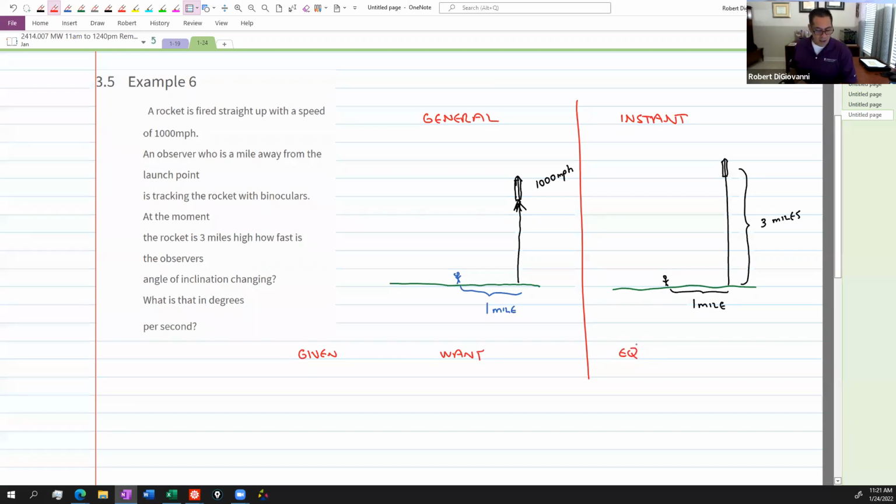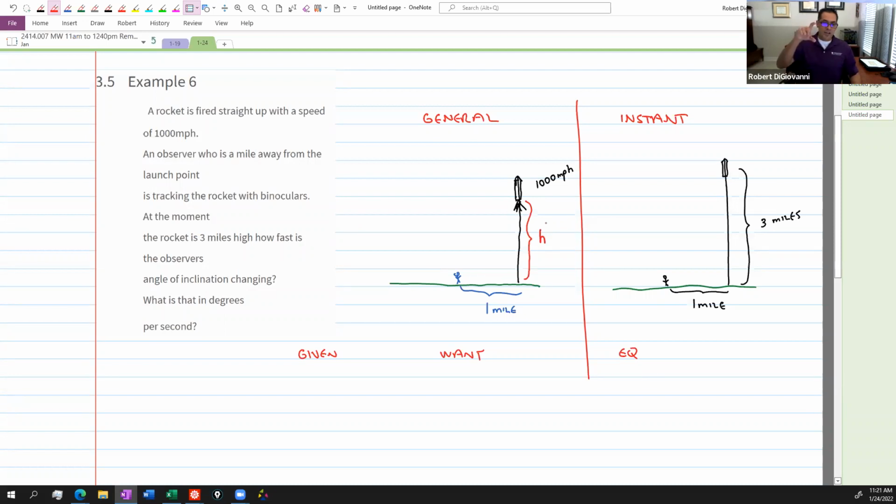So I'm given a couple of things. I'm given the speed of the rocket. The speed is always going to be a derivative. So I'm going to label the distance, very important here, the distance from here to here. I can label that anything I want. Let's call it h for the height of the rocket.